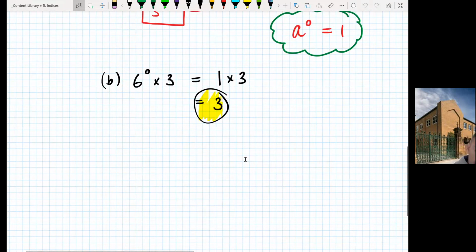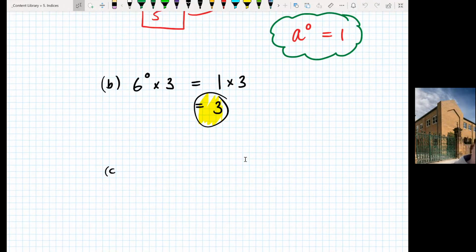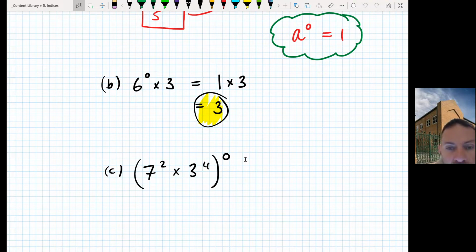I could give you a slightly harder question that says 7 squared times 3 to the 4th, all to the power of 0. Now, what does that power of 0 work on? Well, guess what? It works on the whole thing. So automatically, the answer is 1, because it works on everything.